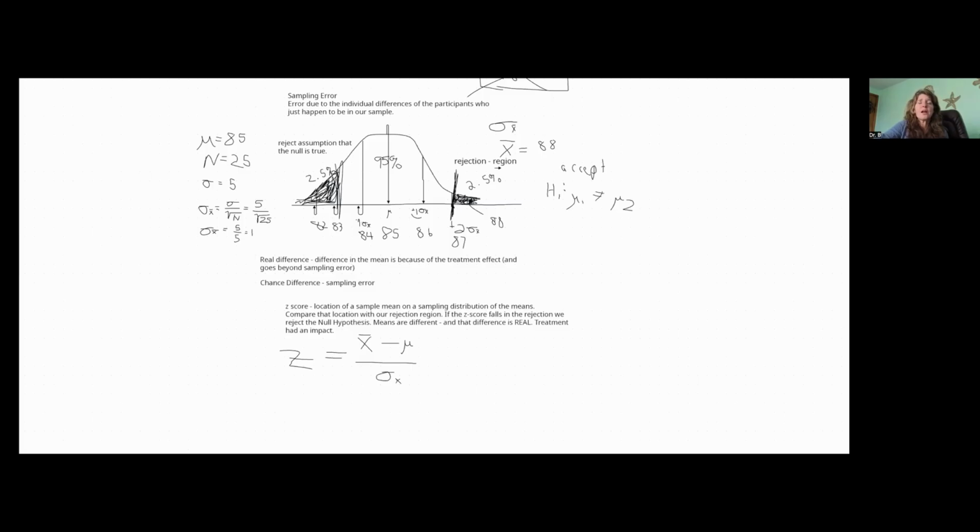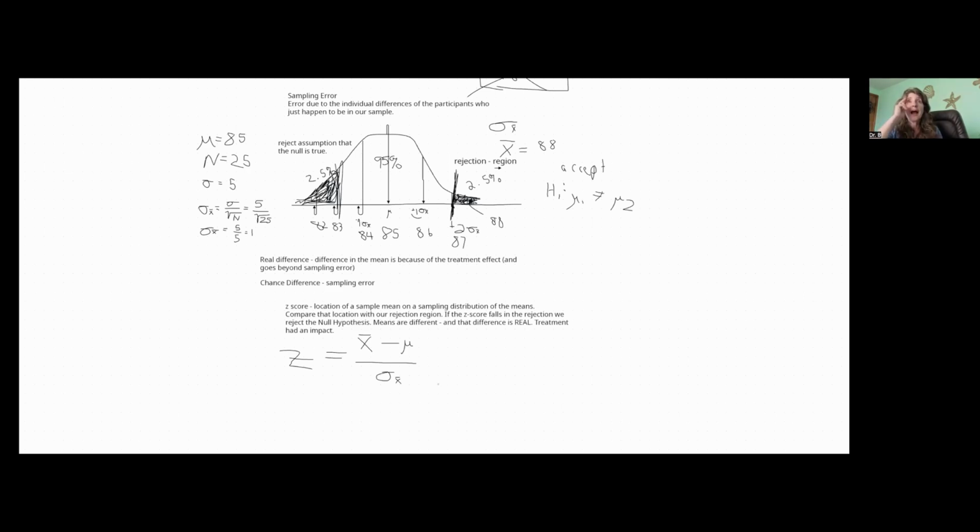And this is your first hypothesis testing statistic. We're asking ourselves, is there a difference between the means that goes beyond sampling error? Standard error is a measure of sampling error.